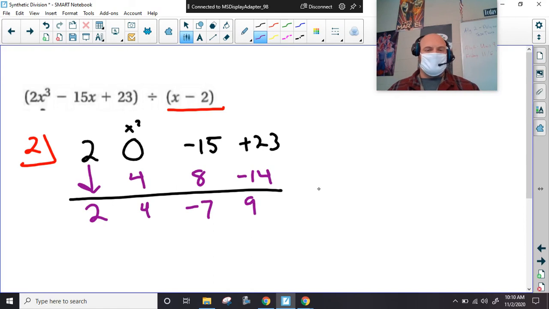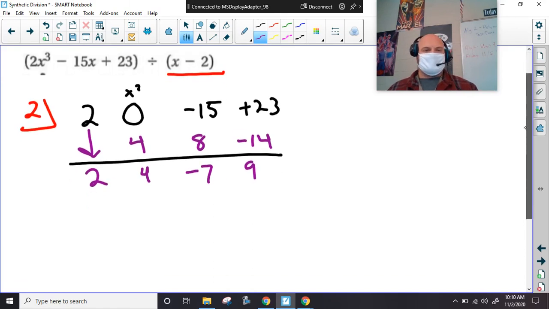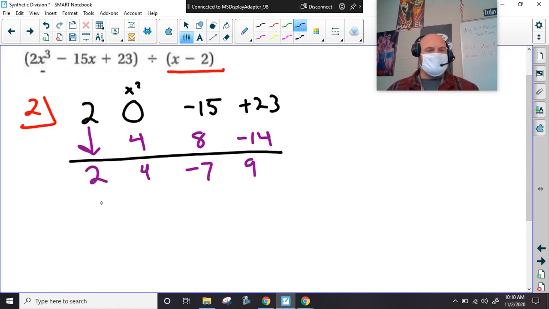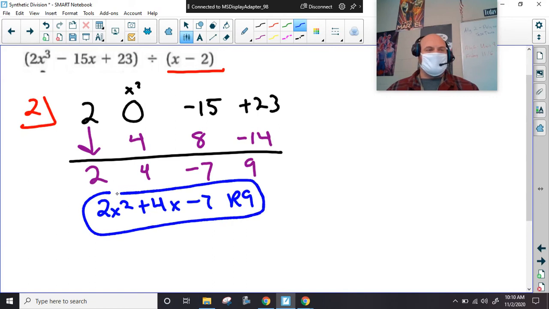And this gives us 9. So 2x squared plus 4x minus 7, remainder 9. Again, if you can multiply, add and subtract, you're good to go.